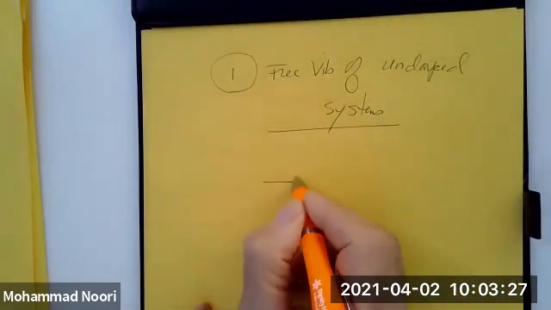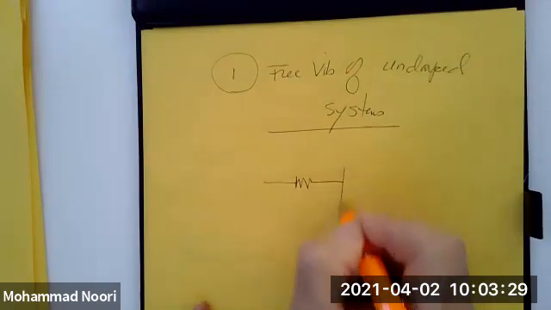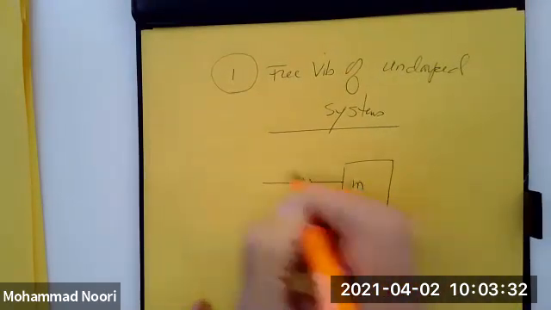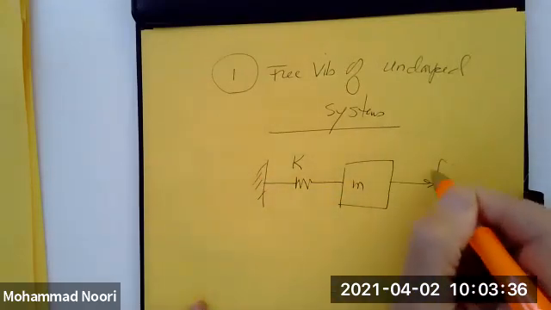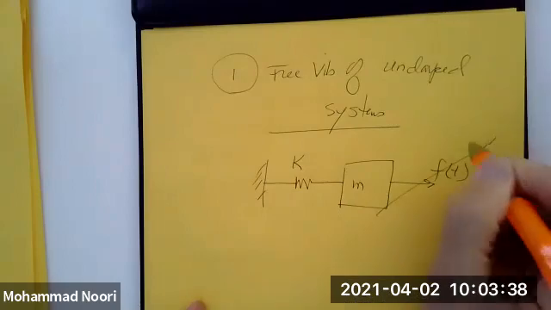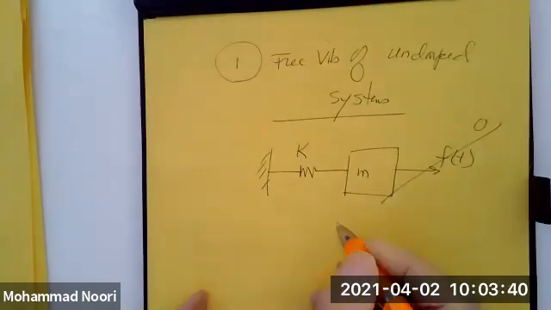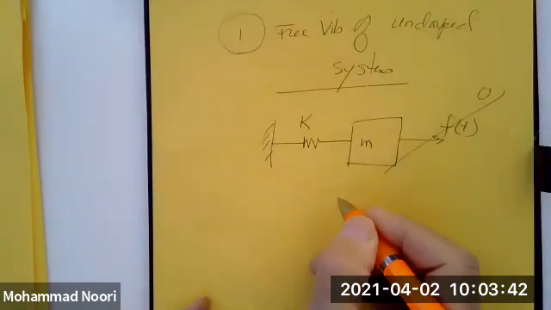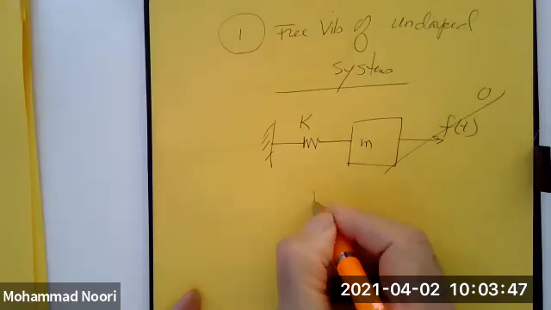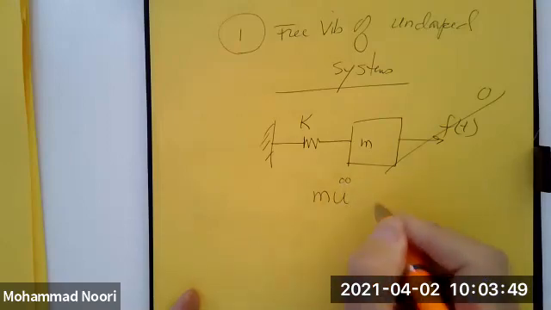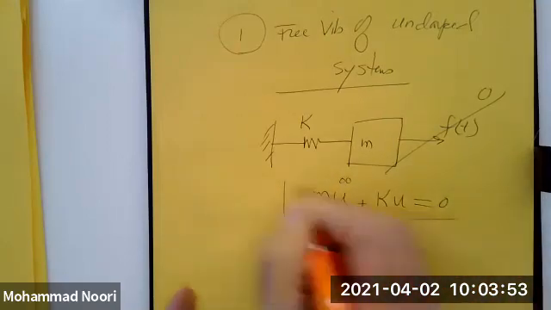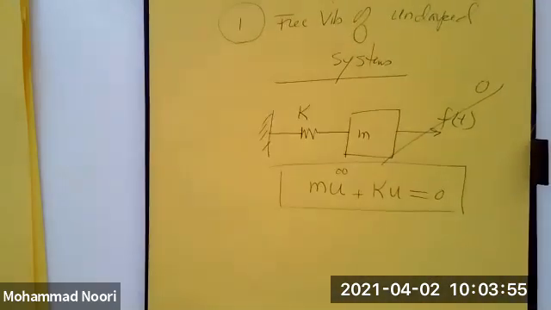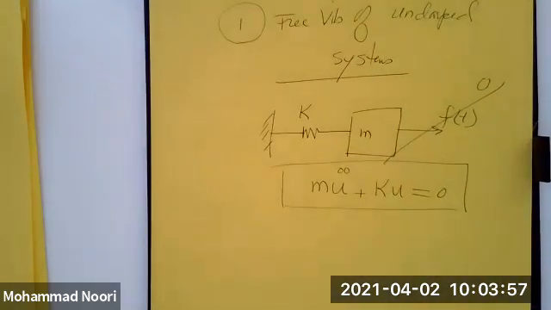We look at the model that we have, which is now going to be a simpler model, that is not acted upon by any force. So the equation of motion, if this is moving in this direction, will become simply m u double dot plus k u is equal to zero. So that's what we're going to start next time.